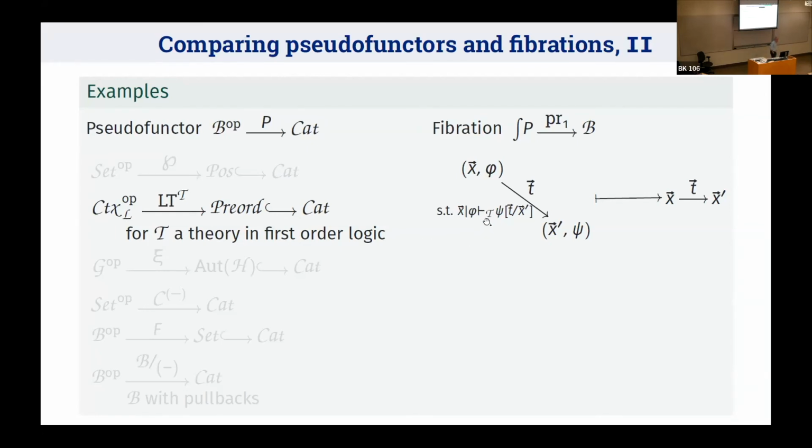So it's a list of terms which can be substituted for the x primes, and there is an arrow like that when I can prove that phi of x entails psi of t of x, which is, as we were saying today at lunch, a fairly obvious way of picturing a category of definable sets, definable in the theory, the phi x1 xn, and arrows.